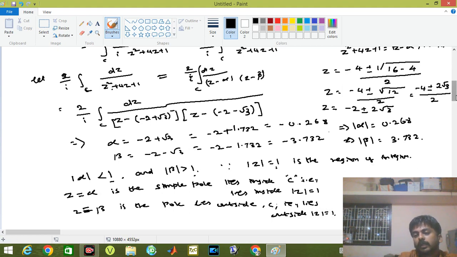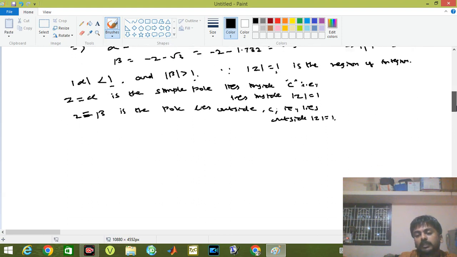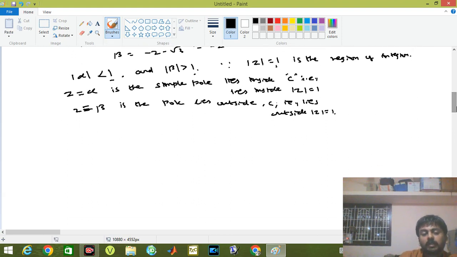We know that if the pole lies outside, then its residue will be 0. Therefore, residue of f of z at z equal to beta equals 0.